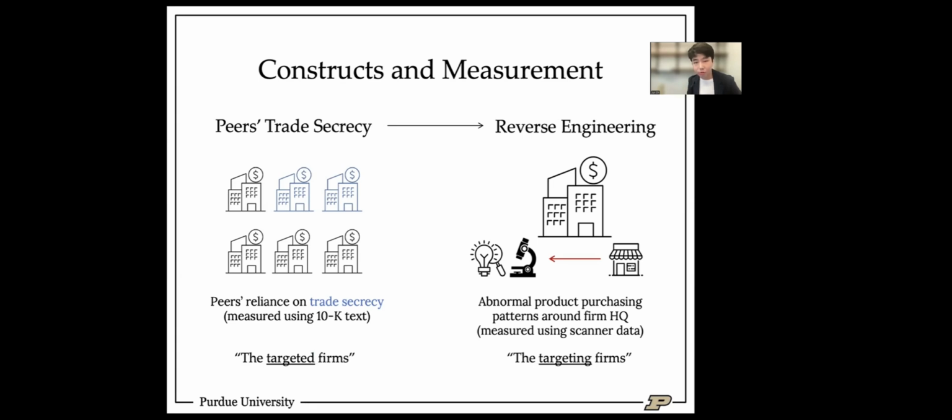Before I go forward, I want to clarify some terminology. I'm going to refer to the firms that have trade secrecy as the companies that are targeted by this type of activity, whereas the companies that are doing reverse engineering I'm going to refer to as the targeting companies, the ones that are trying to copy the targeted firms.